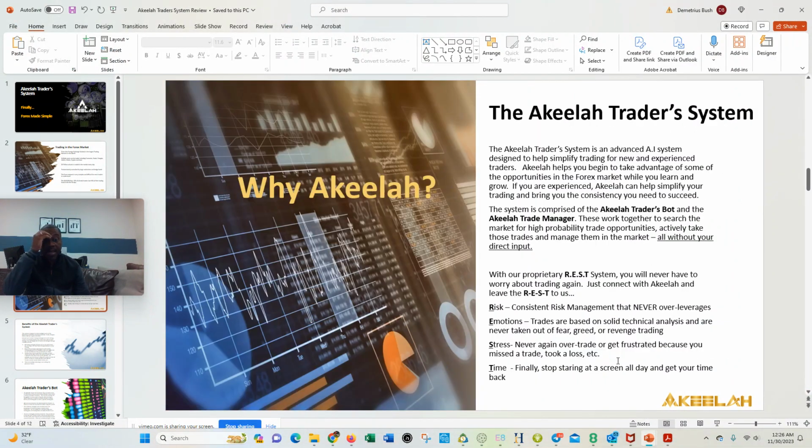One thing that we want to emphasize that we're endeavoring to do with this trader system is use our AI system and allow the system to do the things that you're currently doing. We call this our REST system. Our proprietary REST system is basically saying you can trade with us with our automated system, leave the rest to us, leave the risk. So the consistent risk management that is never, ever going to over leverage your account.